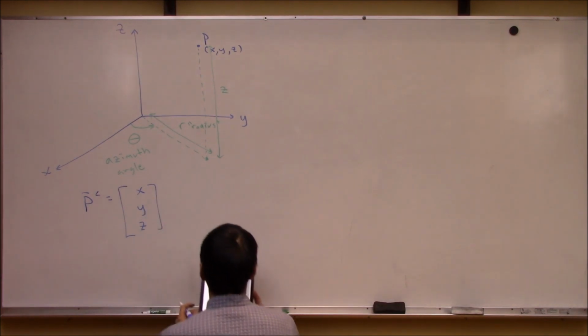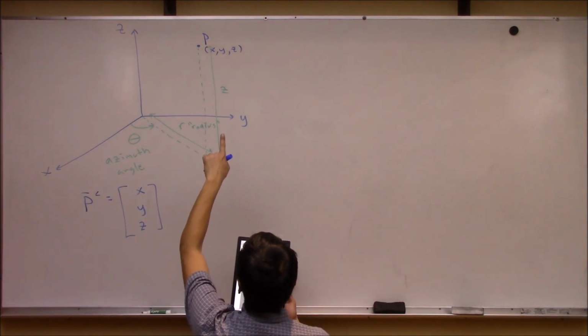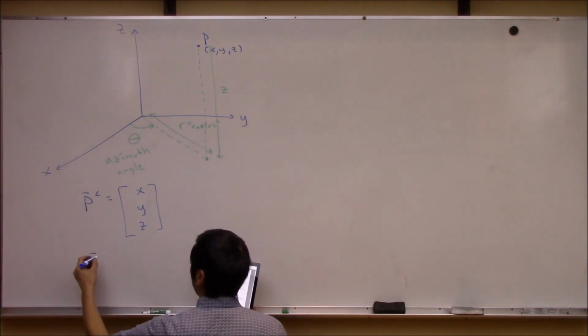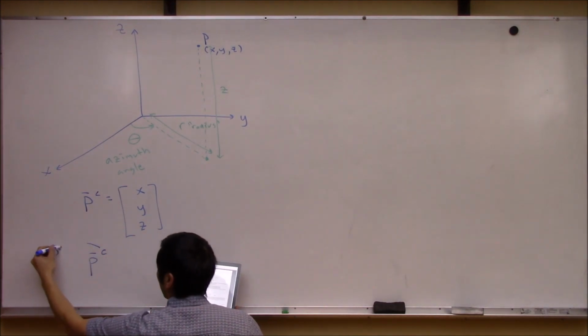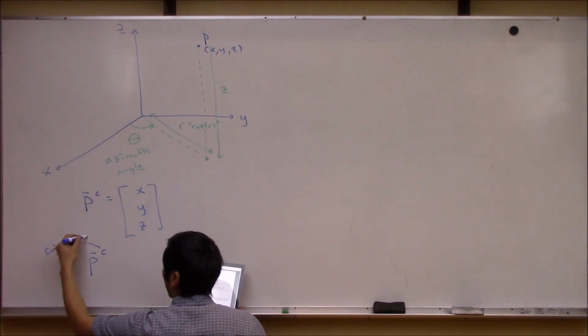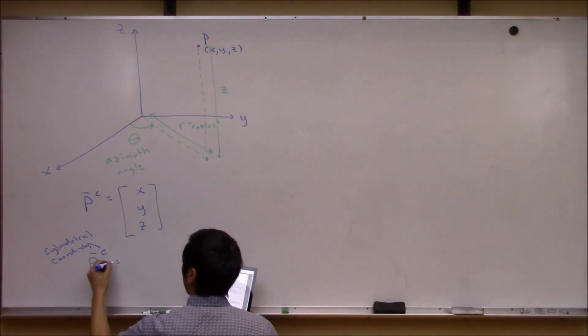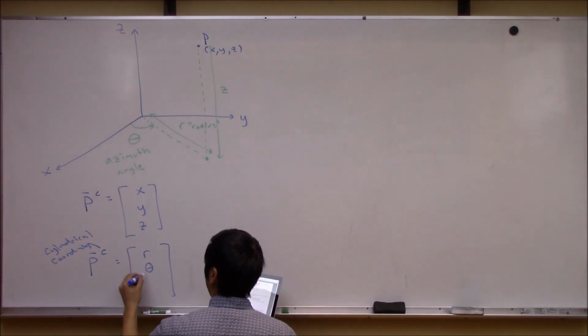And now this exact same point P, but in cylindrical coordinates, where C stands for cylindrical, is now going to be r, theta, and z.